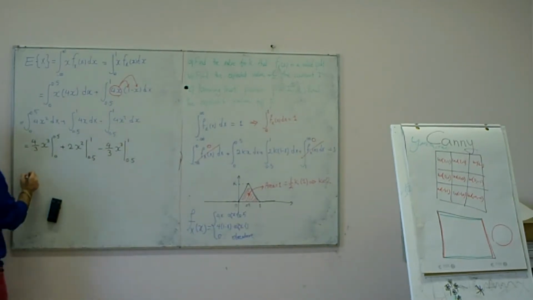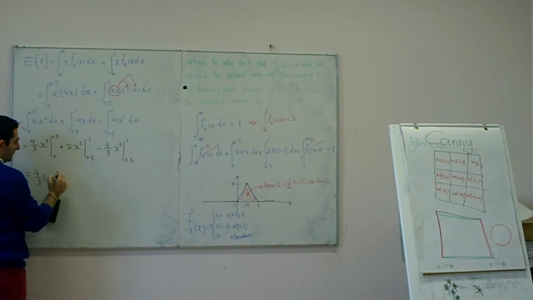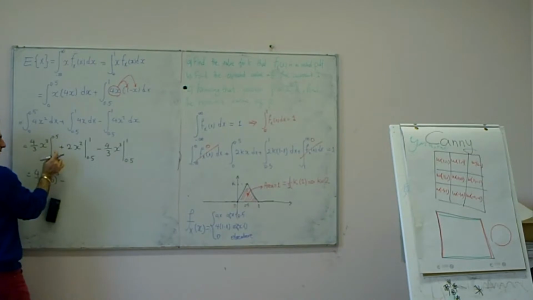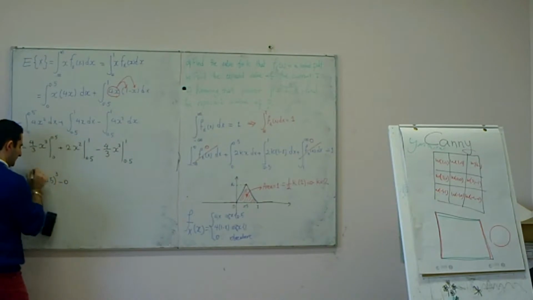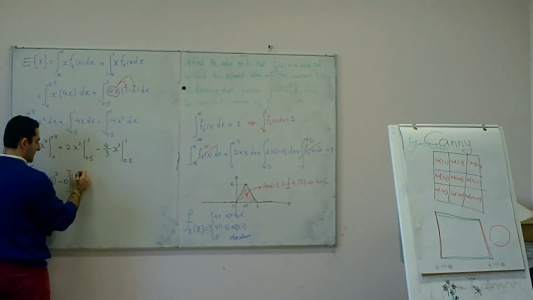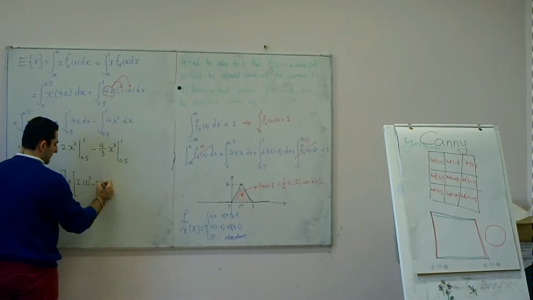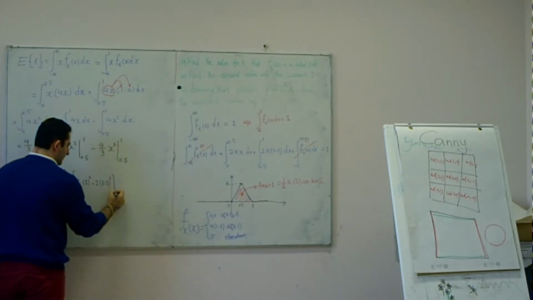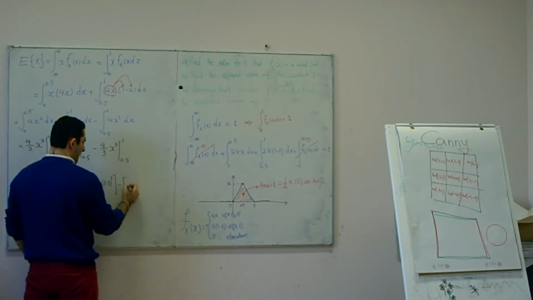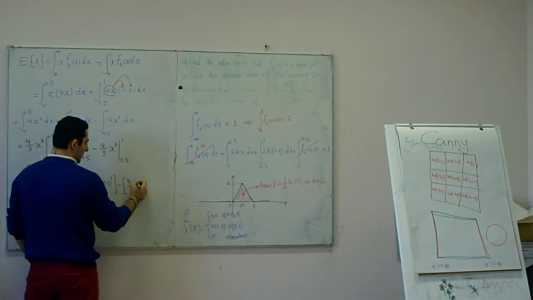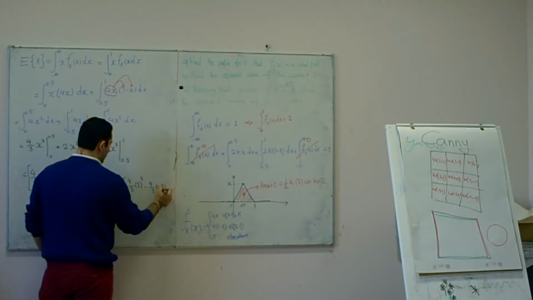I put the values. 4 over 3 multiplied by 0.5 cubed minus, well, if I put 0, it will be 0, I don't write it, so minus 0, this is the first, plus 2 multiplied by 1 squared minus 2 multiplied by 0.5 squared, minus 4 over 3 multiplied by 1 cubed minus 4 over 3 multiplied by 0.5 cubed.